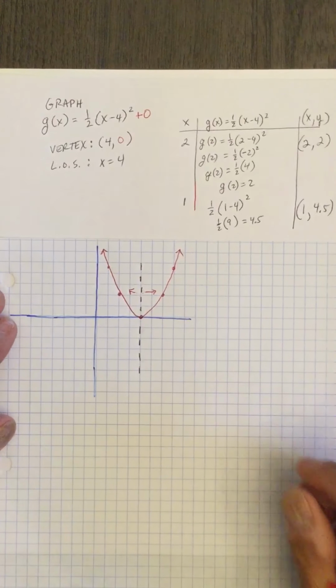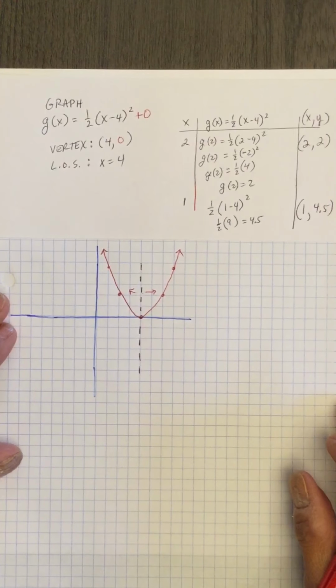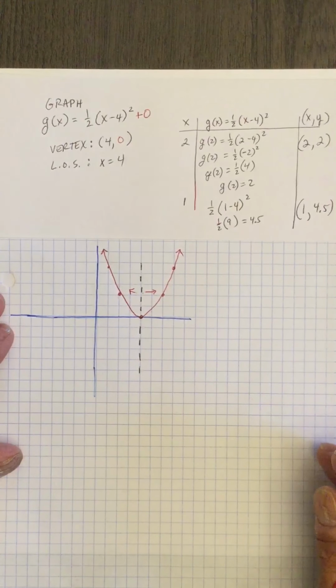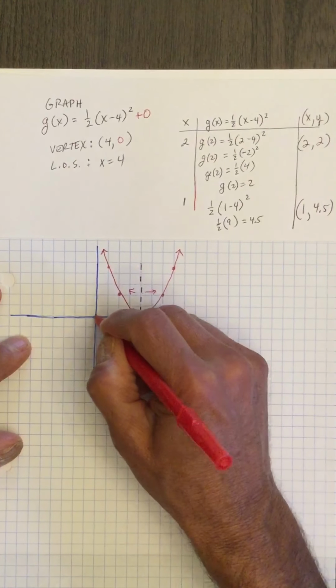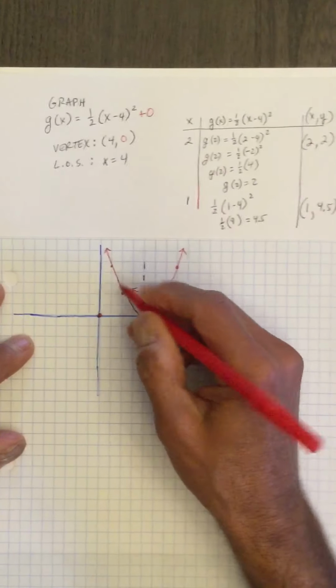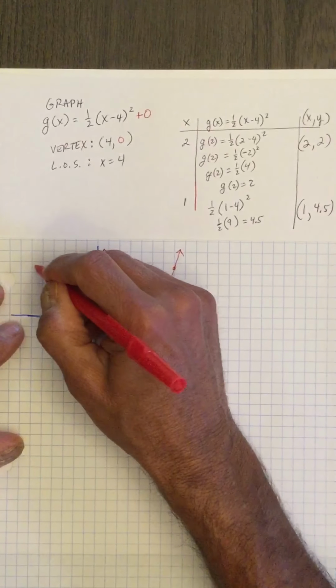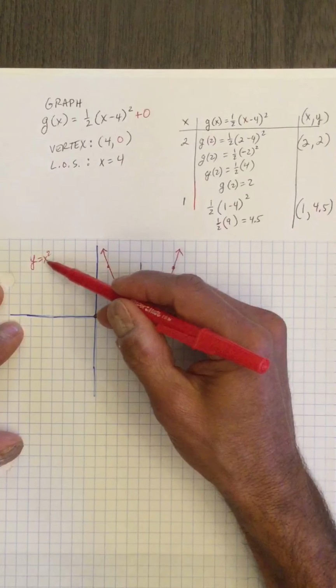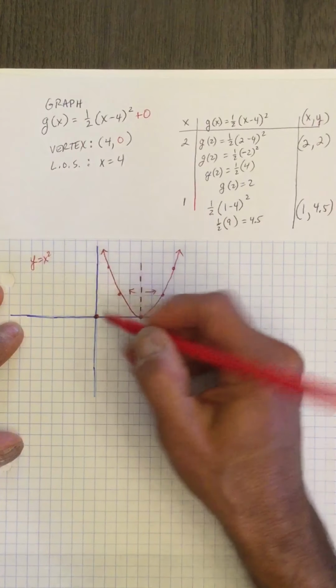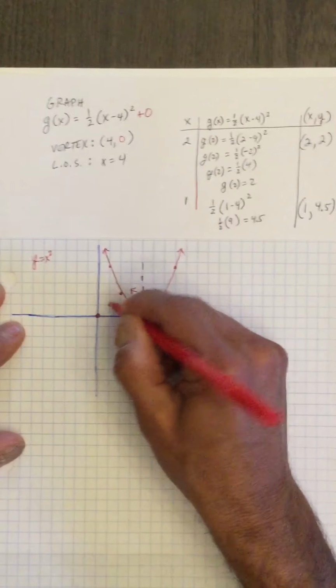Now, in your book, it's going to ask you to compare it to the parent graph, okay? And the parent graph, if you guys remember, it starts at (0, 0). Remember, the parent graph is y equals x squared. So if I put a 1 in here, 1 squared is 1, so that's (1, 1).